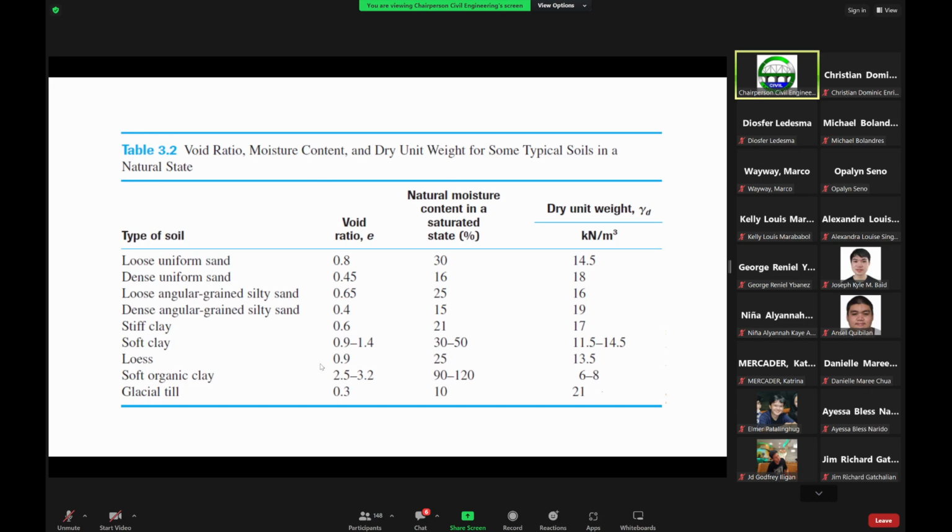So these are just typical values that you can find. In practice, in the geotechnical reports that I prepare, we provide dry unit weights, and these are also the values that we normally provide around this range for different types of soil material, depending on what we can find from the geotechnical investigation.